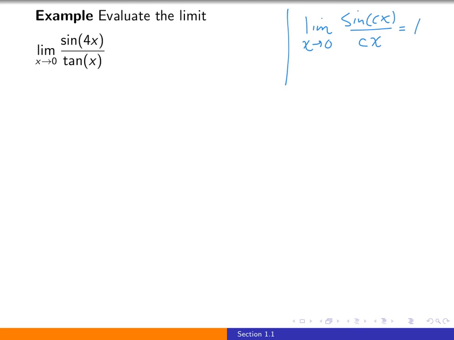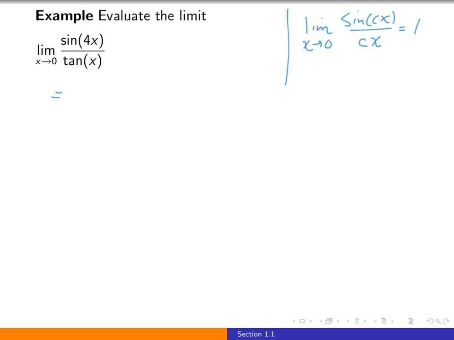So from the expression that we have, we note that we would really like to be dividing that sine of 4x by a 4x, but then the question becomes, what do we have in the denominator? So before doing that, let me just simplify one step. I cannot directly apply x equals 0 because tangent of 0 is 0, and the expression would be undefined.